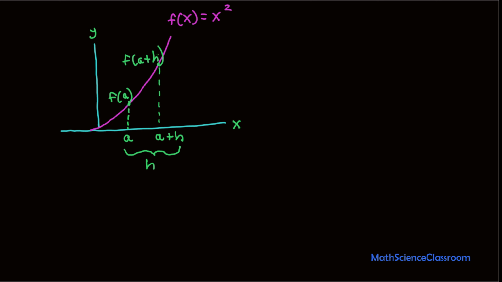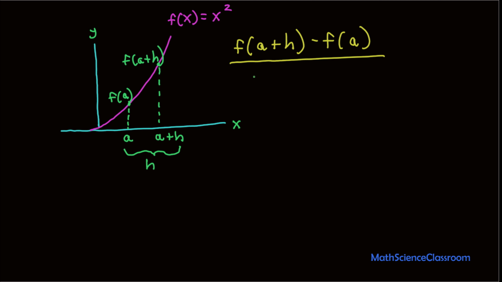So let's use our formula for the slope to help us with this. It would be the change in y, delta y over delta x. So it would be f of a plus h minus f of a, so that is the change in y, over the change in x.